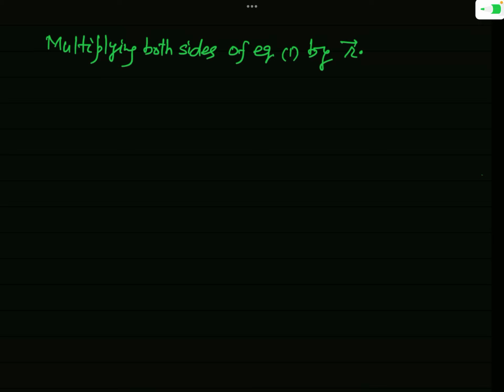So you can see what will be your result. In LHS there was r cross v, so this will be r dot r cross v, and in RHS there is h, so this will be r dot h.